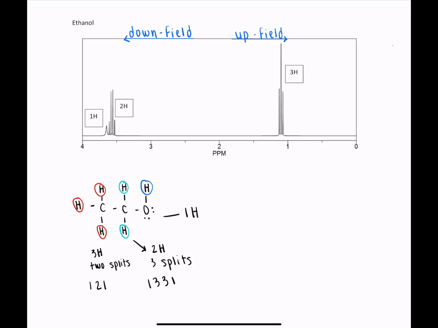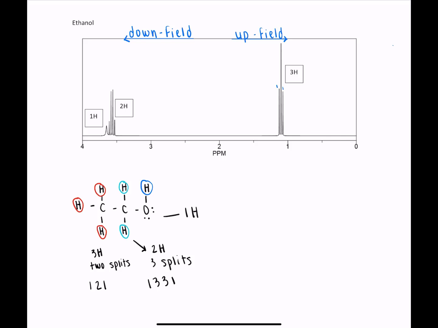Now that we have determined all of our splitting patterns, we can go back and look at our proton NMR of ethanol. And the 3 hydrogen, as we know, has 2 splits in a 1:2:1 ratio right there.